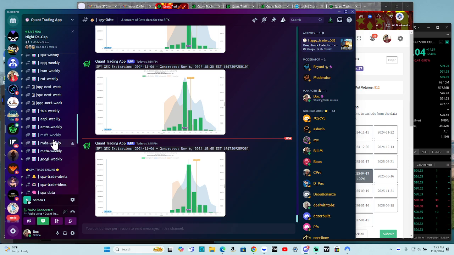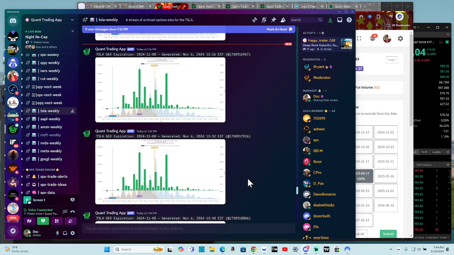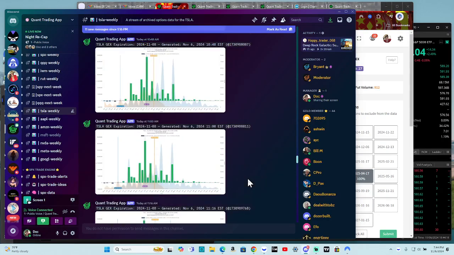But everyone in the chat rooms focuses on that. So I try to highlight the equities: Tesla, Apple, Amazon, Microsoft, NVIDIA, Meta, and Google. I'll just cycle through these. I'm not going to cycle through each one for the sake of brevity, but I'll give you an idea.